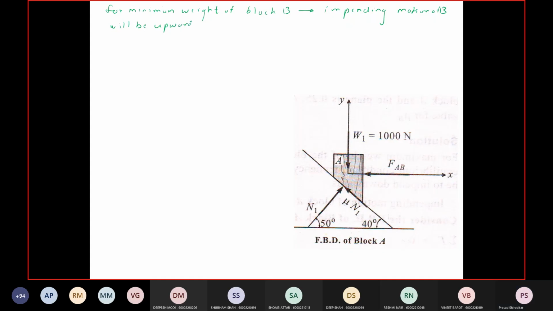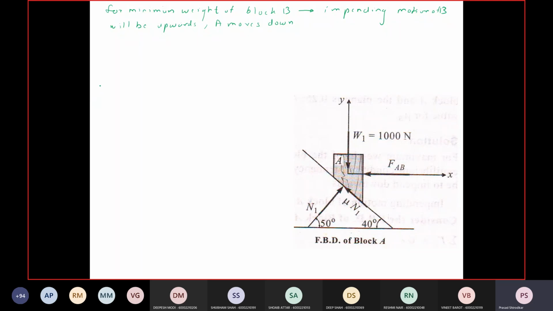Correct. So this is the free body diagram of A.